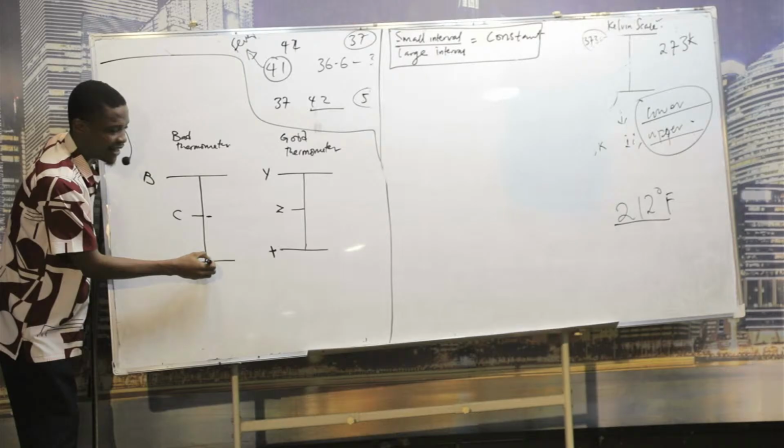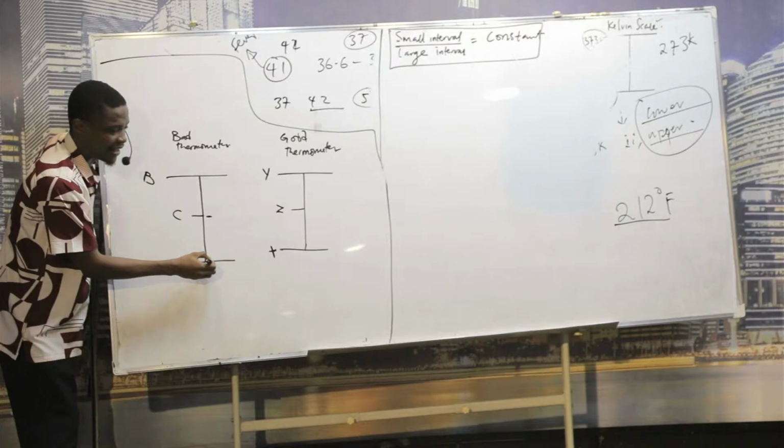Now, they told us that the bad one records 5 degrees Celsius at the lower fixed point. This is wrong. What should the good one record? Remember, what scale are they talking about here? Celsius.